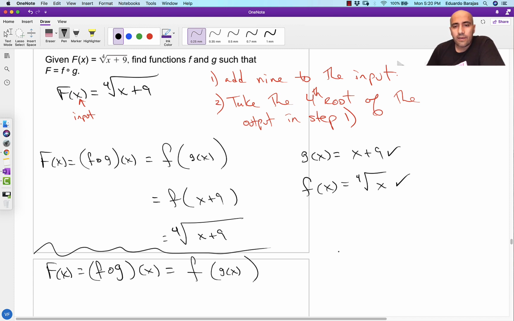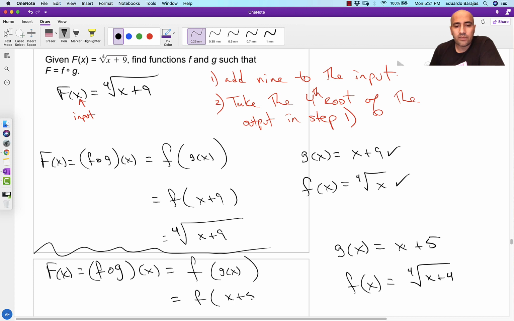How about if the g of x doesn't add all of the values, maybe it's just x plus 5. So I'm going to do part of the work there. And now the f of x function is the fourth root of x plus 4. So that when I input that into there, I'll get the desired result. So then this would be f of, this is x plus 5. And now if I input that into there, I'll get what I want.